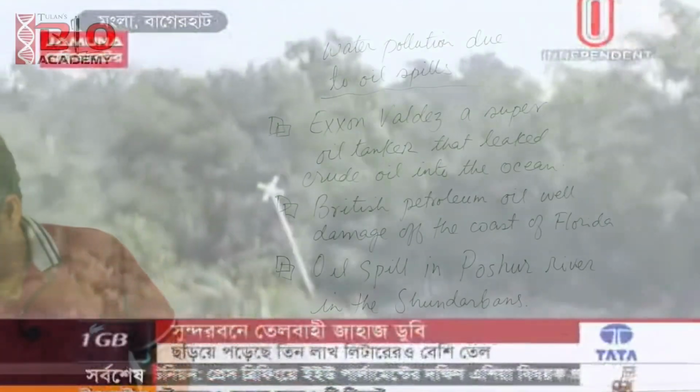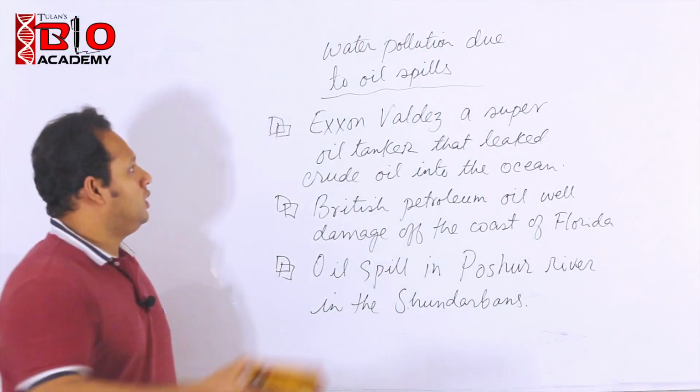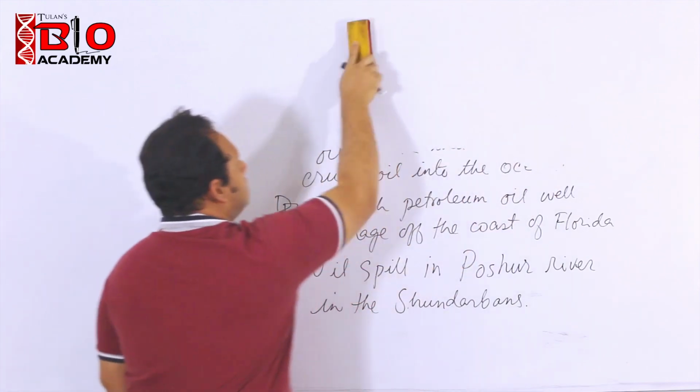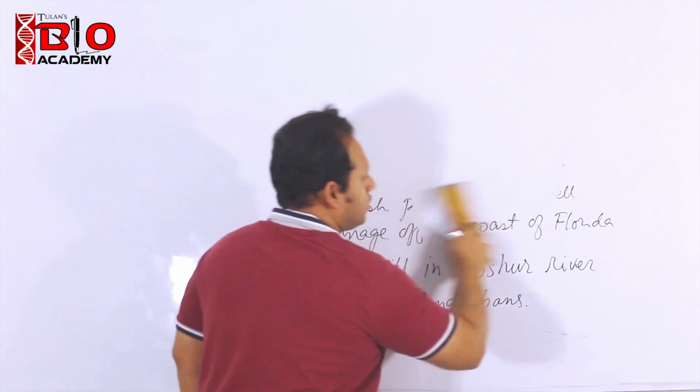So the oil spill occurred from an oil boat that carries oil locally for the power plants over there. So that's a spill. So this is about water pollution due to oil spill.